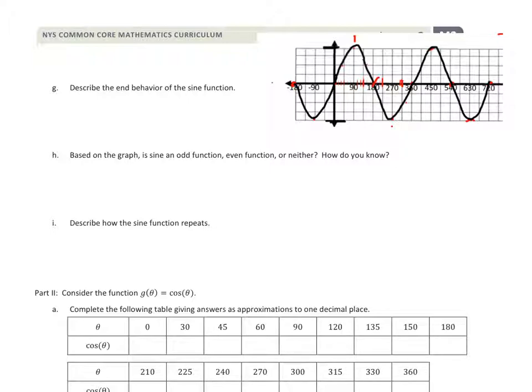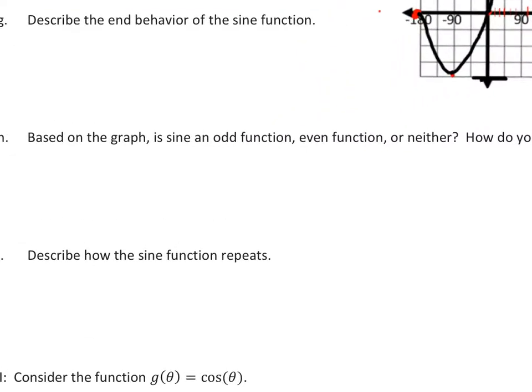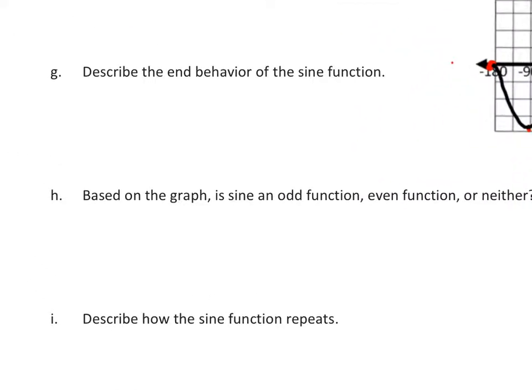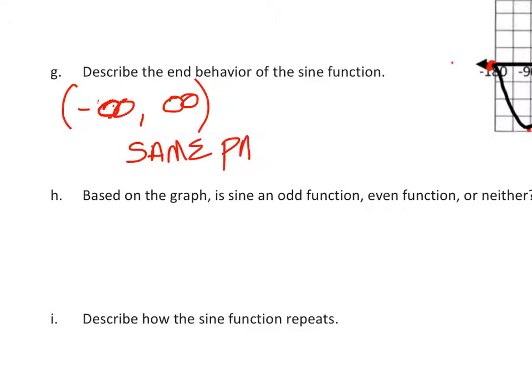So we can say that it goes from negative infinity up to positive infinity. Now, does it keep the same basic shape, same basic repetition, do you think? Yeah, so it'll keep the same pattern as it keeps going out. That's the simplest way that we can explain that.